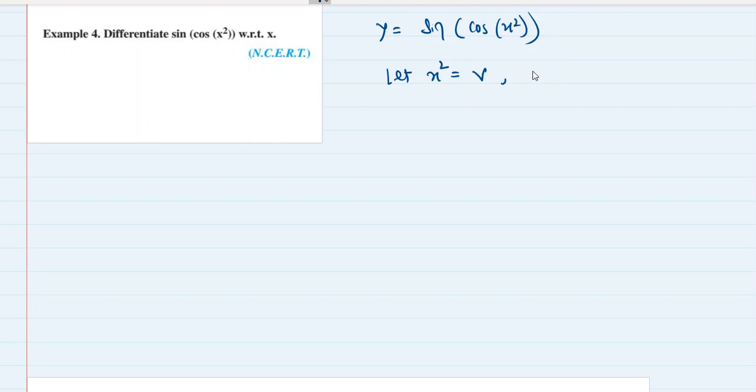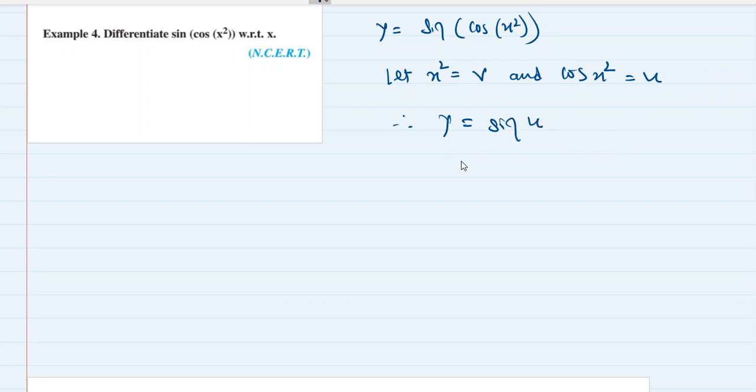So let cos of x square is equal to u. Therefore, let me write it like this: let x square is equal to v, and cos of x square is equal to u. Therefore, y is equal to sine of u.